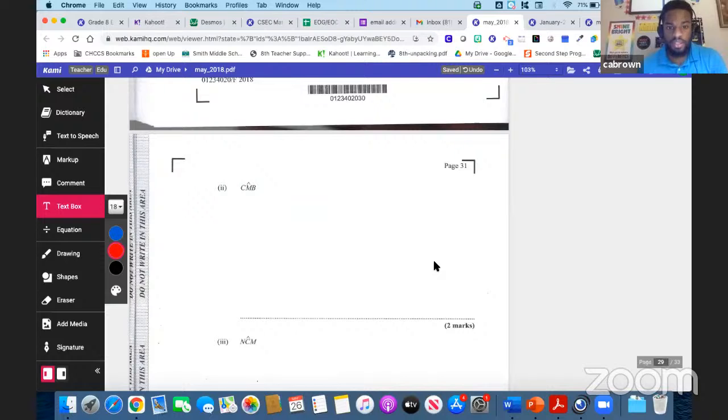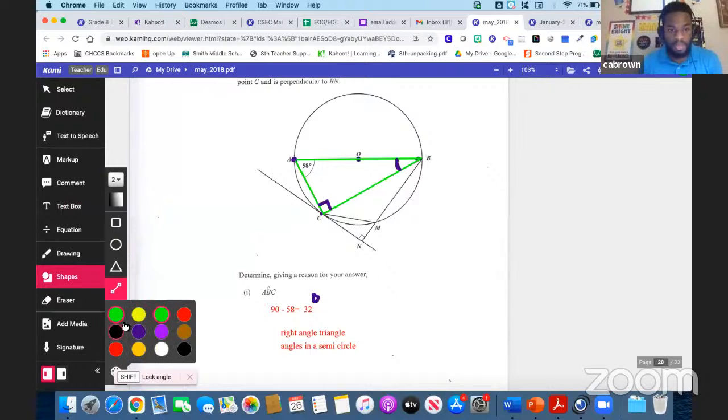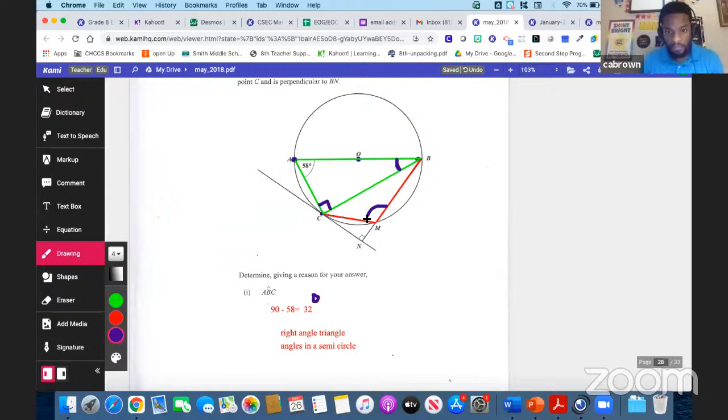Next, we're asked to find CMB. Where is that triangle? CMB. Here is C. Here is M. And here is B. So pretty much we need to find right here. Now, in looking at the entire figure, we'd realize that A, C, M, and B, these 4 points, actually form a quadrilateral.